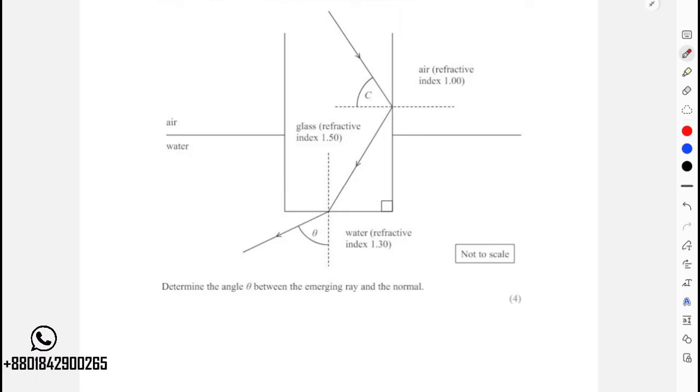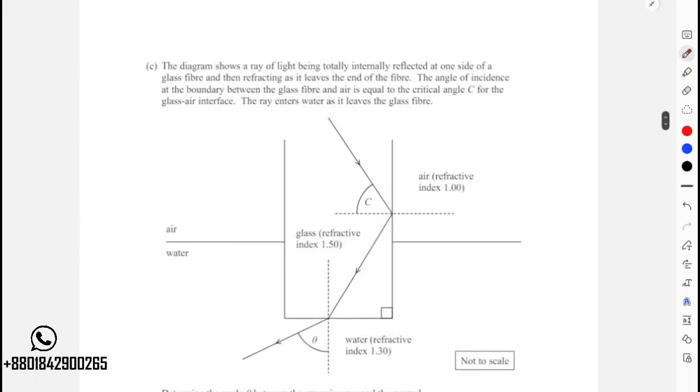This is 90 degree. If the value for C was given to you at some point, we could have used that. Oh, wait, one minute. This was total internal reflection occurring, right? That means the angle for C is going to be equal to the angle for this one also, right? Whatever the angle it was creating at that point, that will be equal for this part.